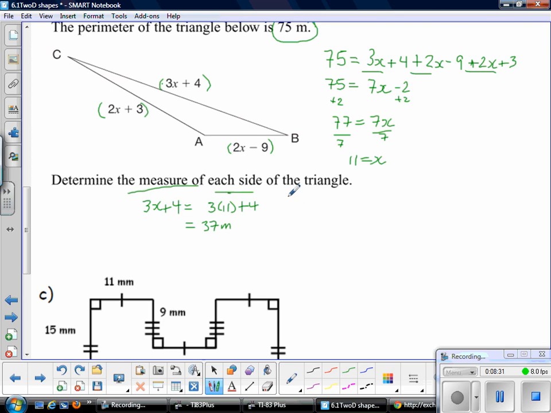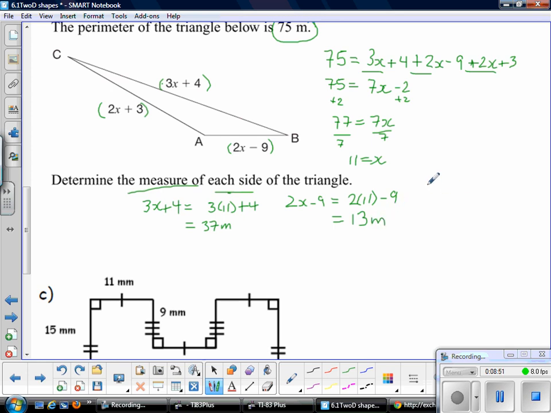Our other side, 2x minus 9. Again, substitute 11 in for the x. So we have 22 minus 9, so we have 13 meters.